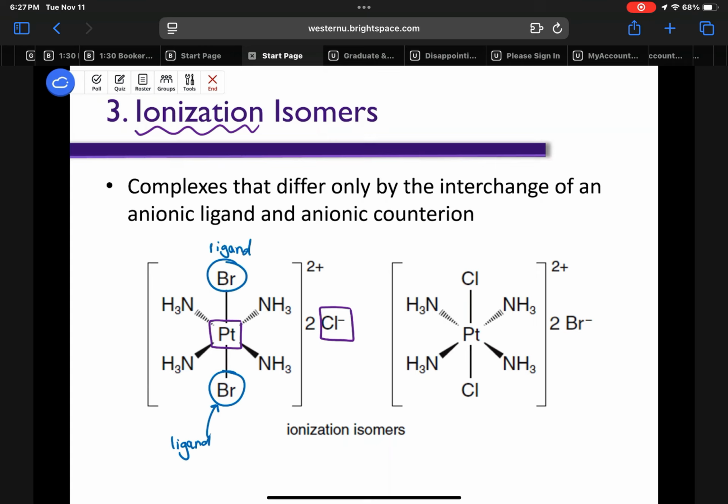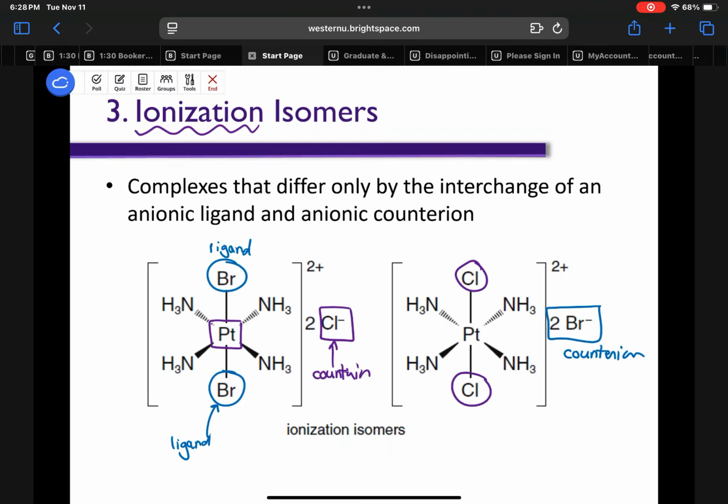On the left, the bromide is the ligand. On the right, the bromide is the counter ion. On the left, chloride is the counter ion. On the right, the chloride has become the ligand.